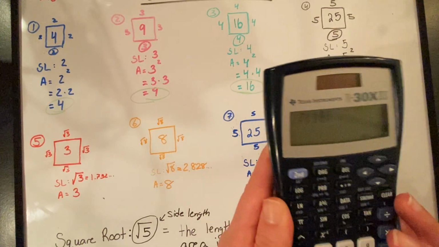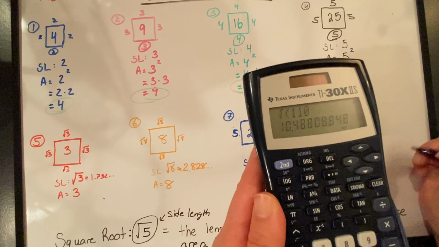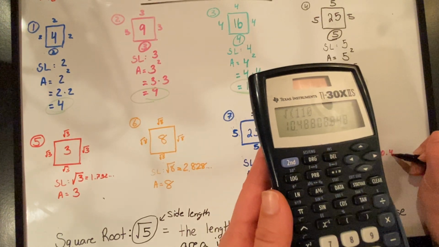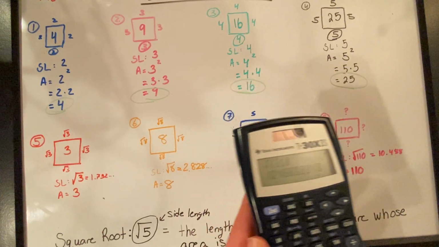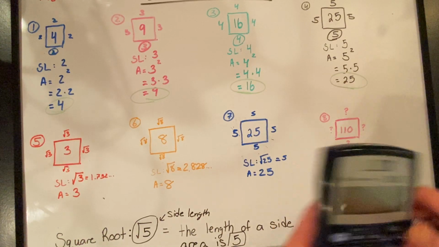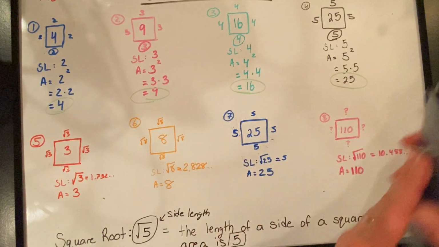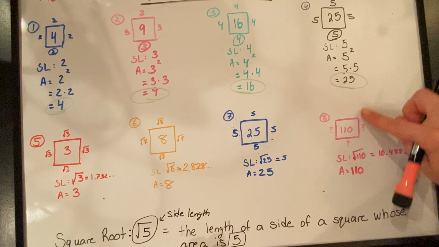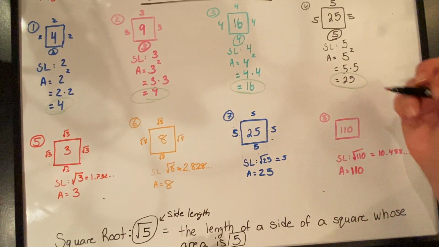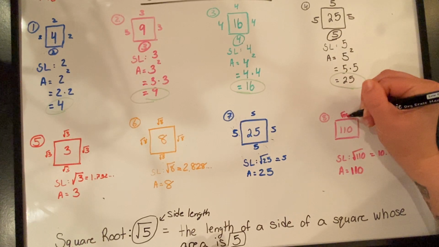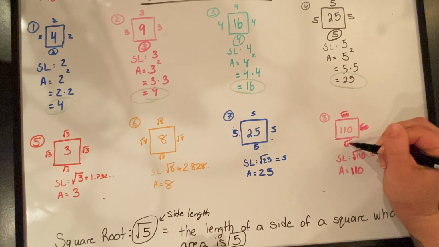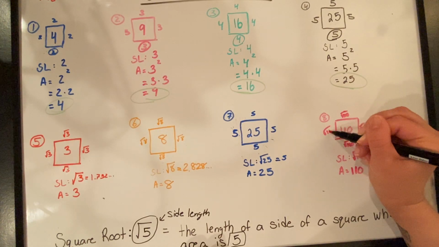So this will be about 10.488, approximately. But I'm not going to write this whole decimal for each side length. So this one, since it's not a whole number, we're going to put square root of 110. So each side length is square root of 110.